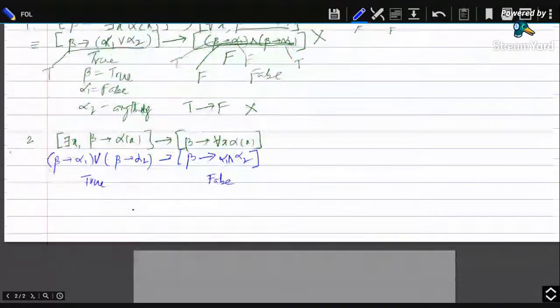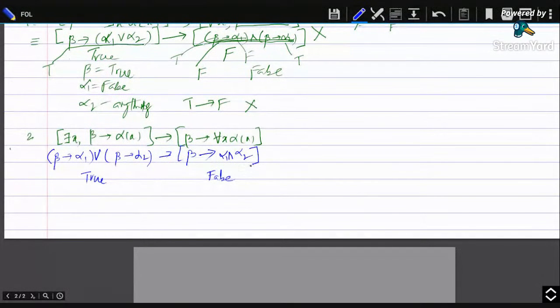So to make this end false, what is required? There is only one option. This should be true and this should be false. To make this whole thing false, the only option is the left hand side should be true and the right hand side should be false.